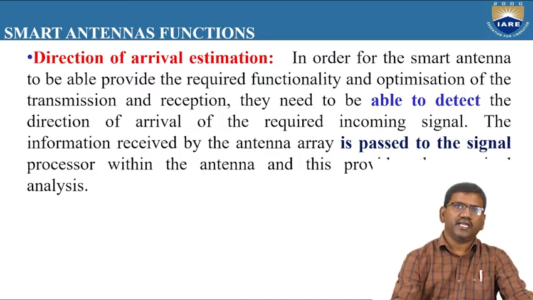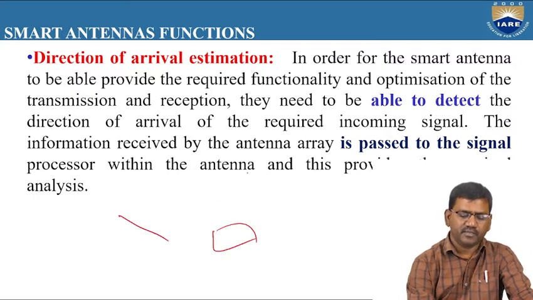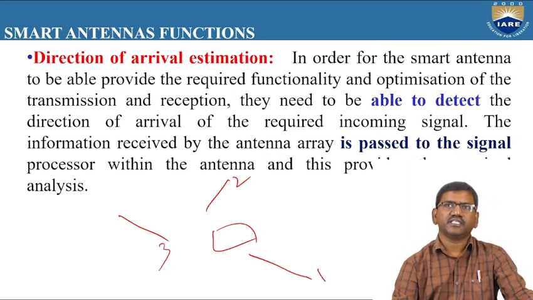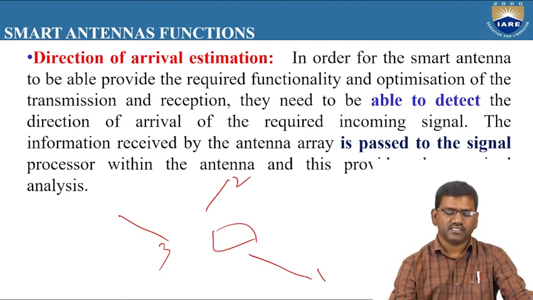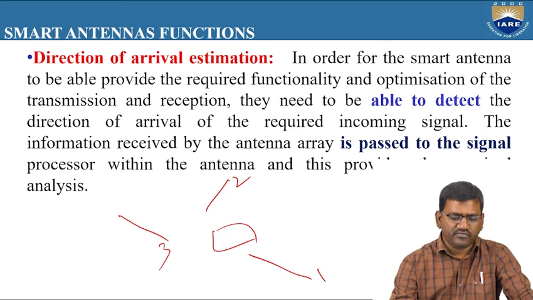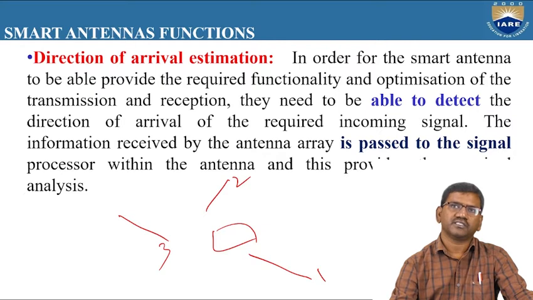In order for the smart antenna to provide the required functionality and optimization of transmission and reception, it needs to detect the direction of arrival of the required incoming signal. They might be receiving many signals, 1, 2 and 3, from which directions the incoming signal reaches the antenna array. This information received by the antenna array is passed to the signal processor, the digital signal processing unit within the antenna, which provides the required analysis.